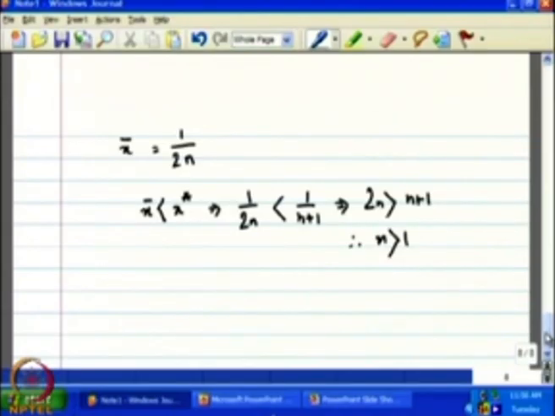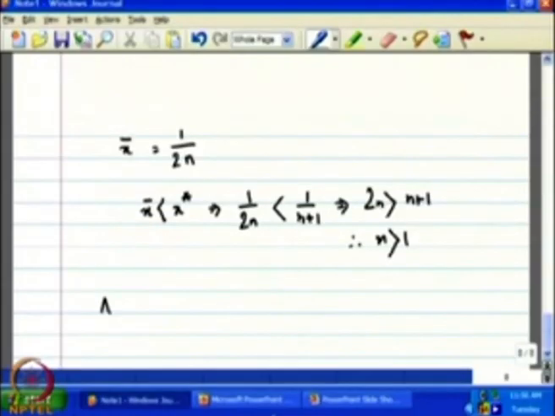So, the number of firms must be greater than 1, otherwise it does not make any sense. Now, if the number of firms is greater than 1, then each firm's resource use given by 1 divided by 2n is less than the Nash equilibrium resource use.